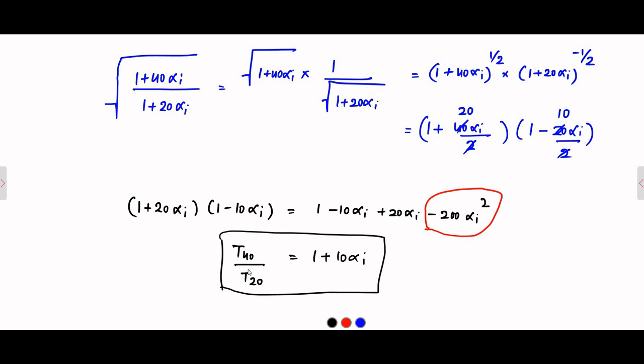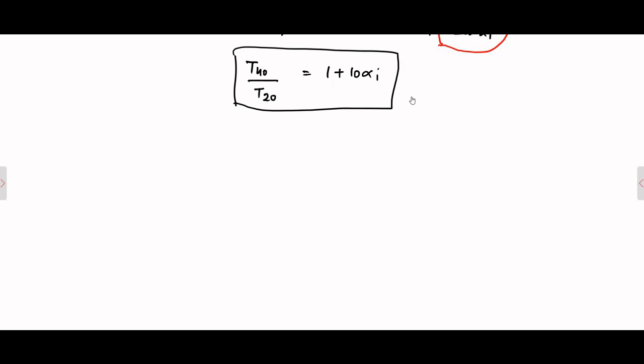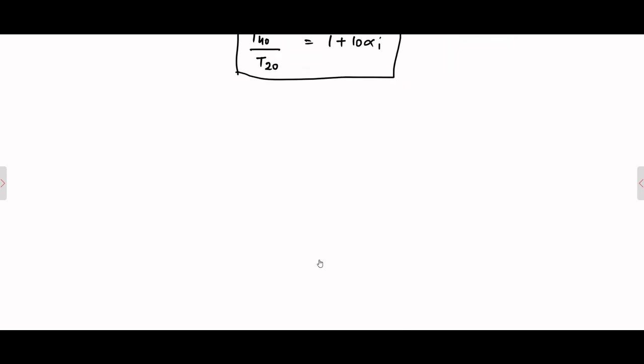Now, to calculate the fractional loss in time, we have to understand that the pendulum gives us the correct time at 20 degrees Celsius. As the temperature increases to 40 degrees Celsius, length increases, and as length increases, the time period also increases, and this leads to loss in time.